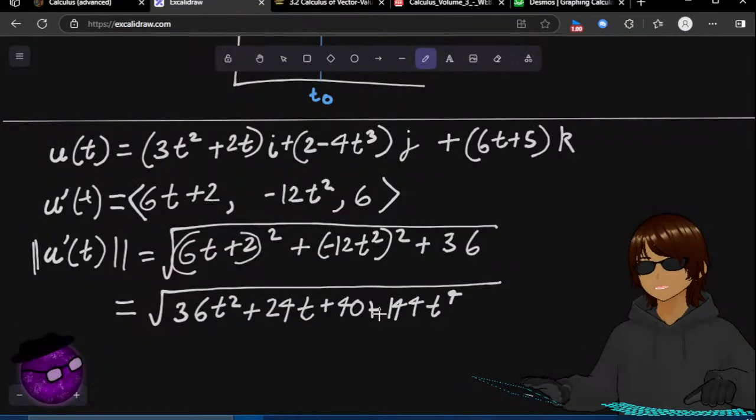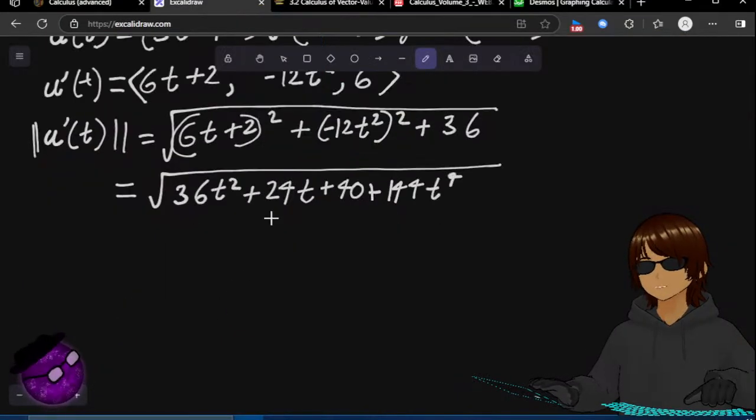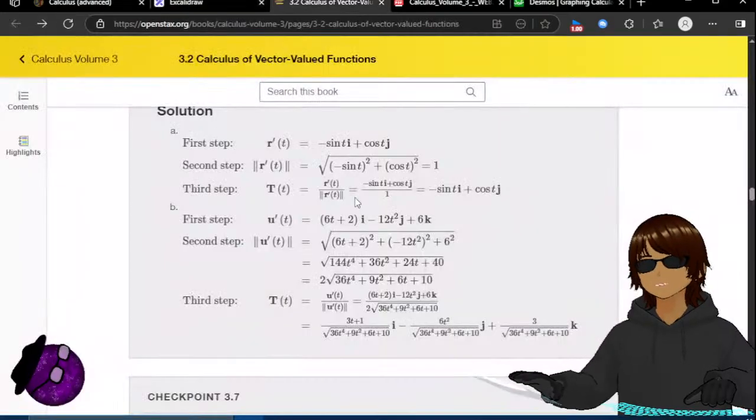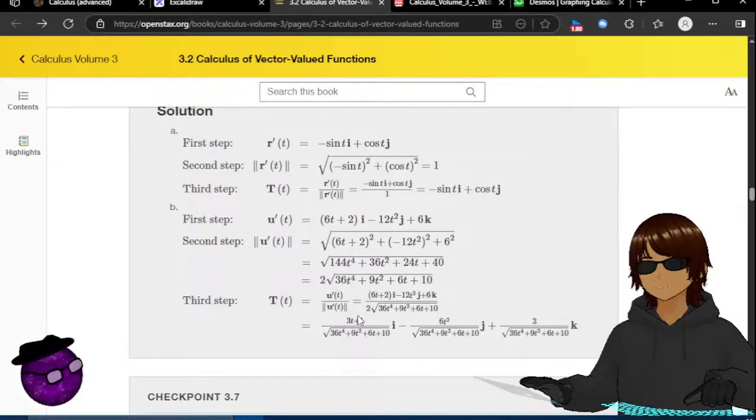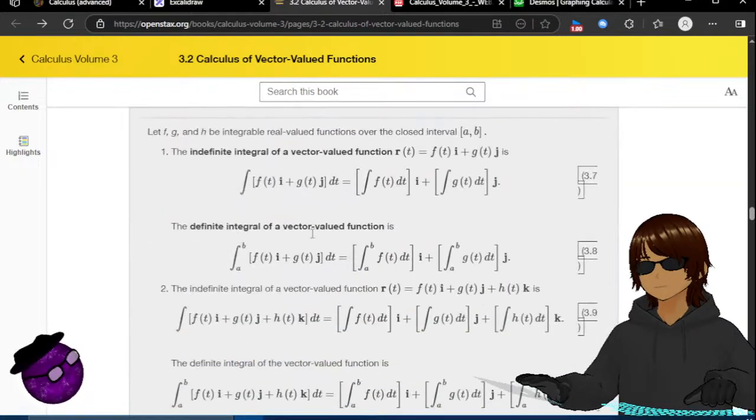Okay, so I was correct, but they took 2 out. They took 4 out, and then they square rooted the 4. That's why we have half. Instead of 6t plus 2, we have 3t plus 1. And instead of 12, we have 6t square. Okay, I get it.